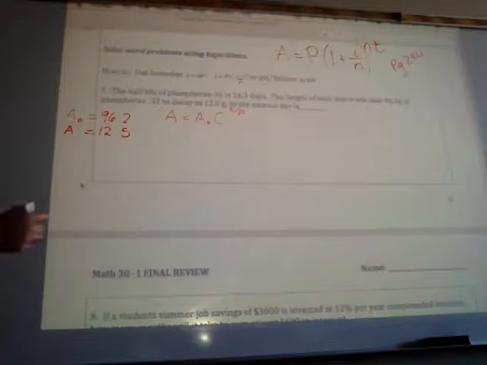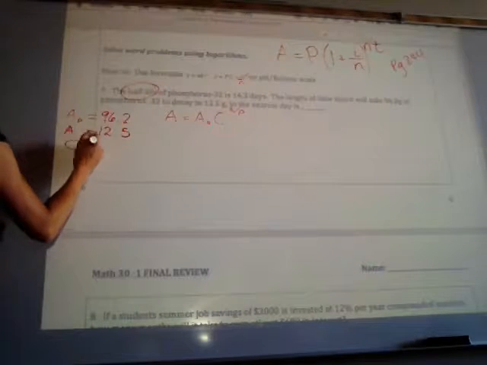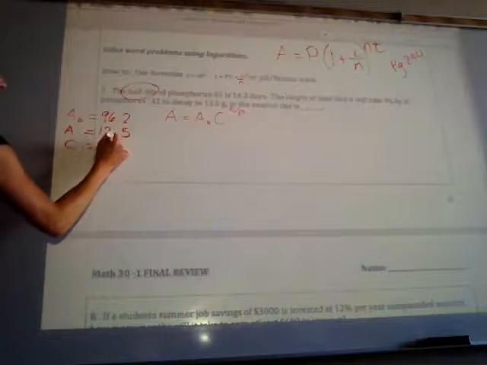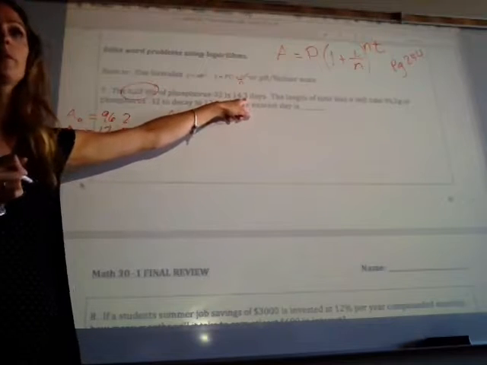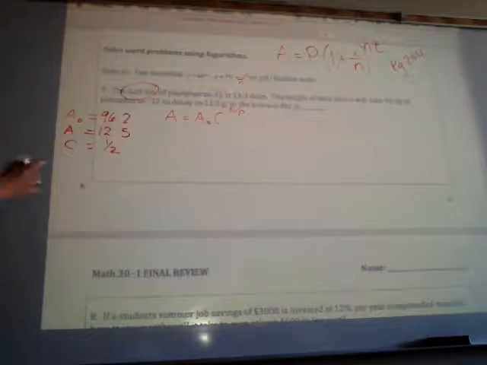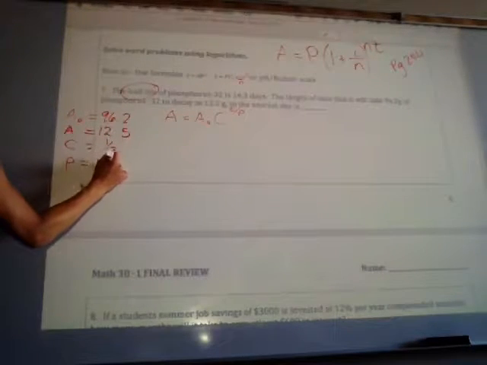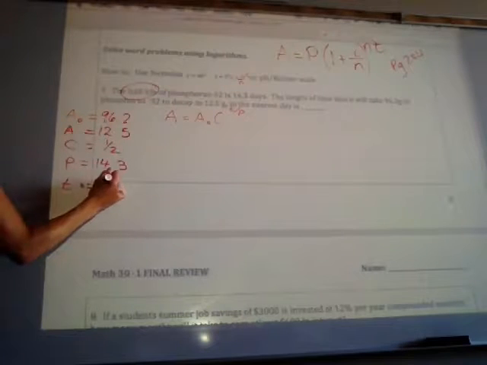If we're talking about half-life, then what is your C value? It's 1/2. The half-life is 14.3, that's the period for the half-life. So P is equal to 14.3. T is our unknown.